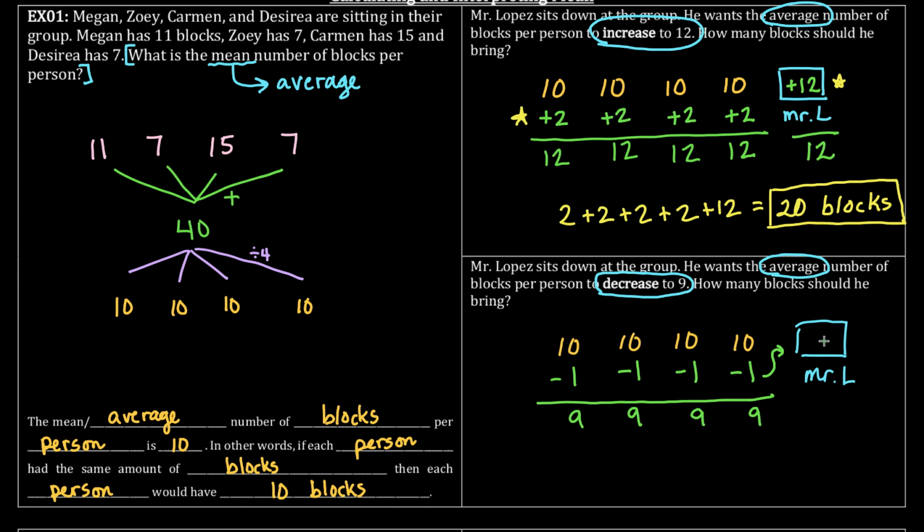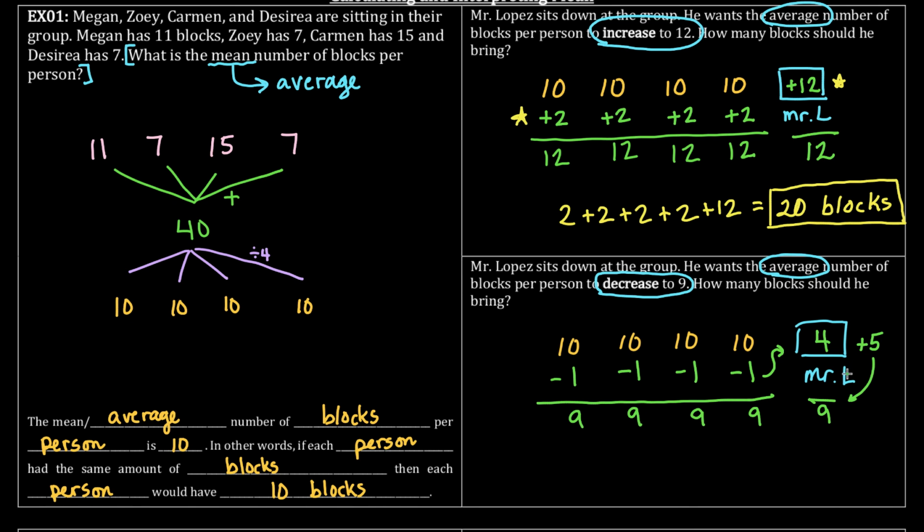And so I don't have to bring 4, so to speak. I already have 4 because they just gave me their 4, 1 each. But now I need some to get to 9. I need 5 so that I can get to 9.